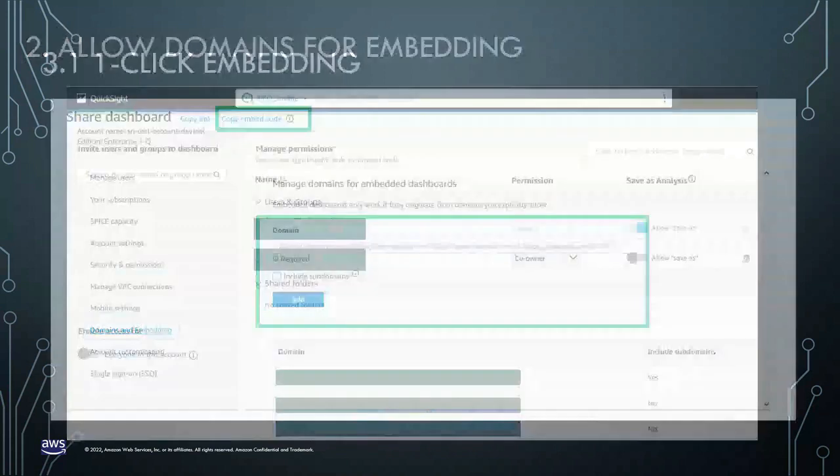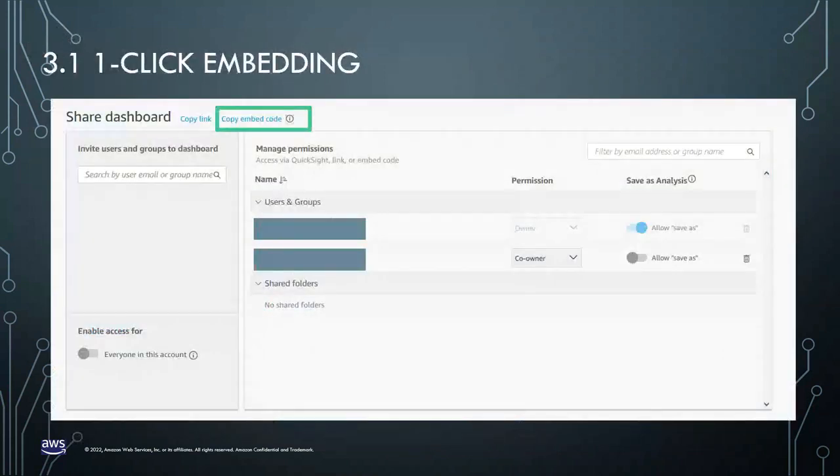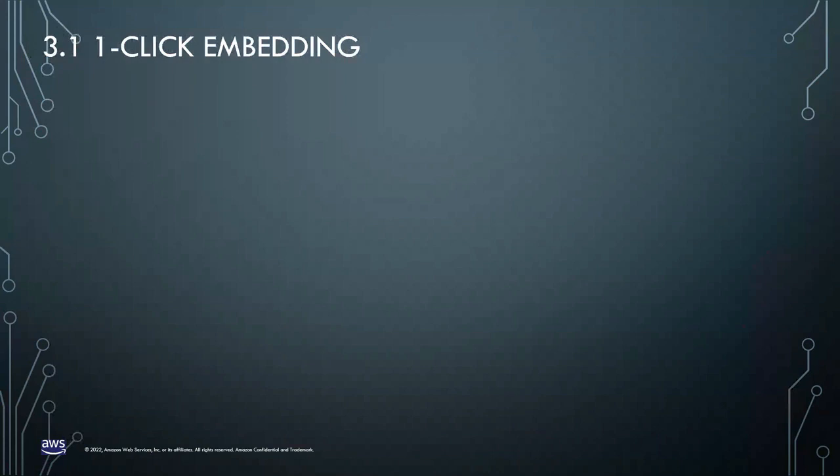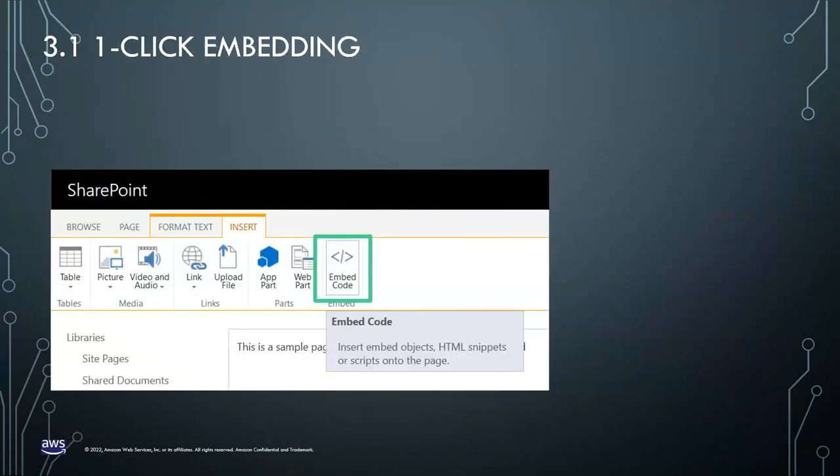And then third, you can use the copy embed code for the dashboard that you created in step 1. It copies an iframe code that you can just paste into your SharePoint here, for example.